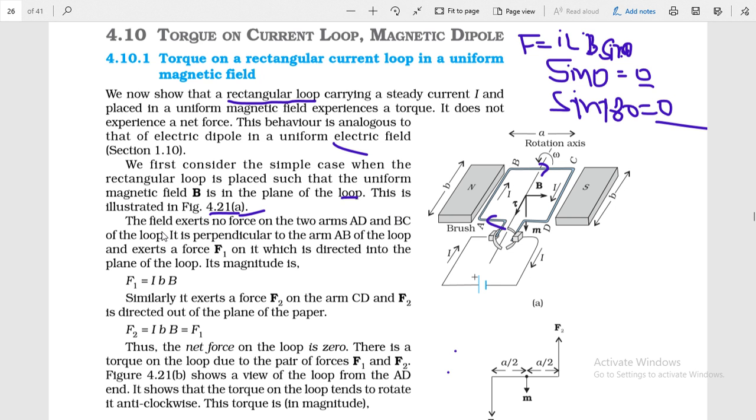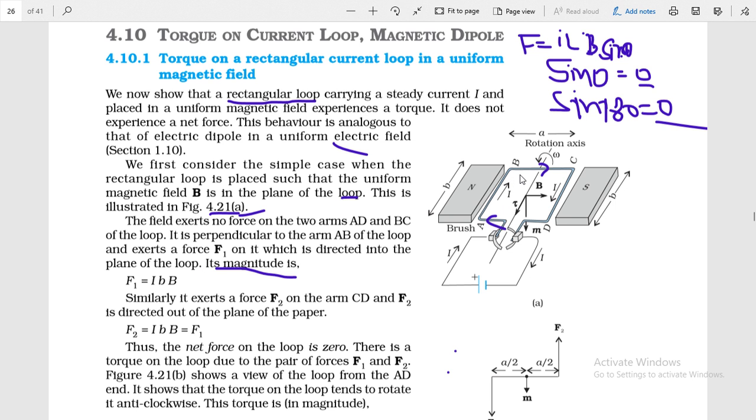So you can see the field exerts no force on the two arms AD and BC of the loop. It is perpendicular to the arm AB of the loop and exerts a force F1 on it, directed into the plane of the loop, and its magnitude is given by this. So let us discuss the arm AB.